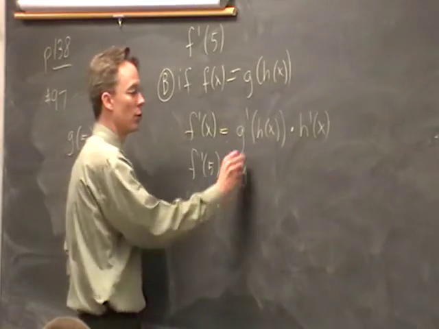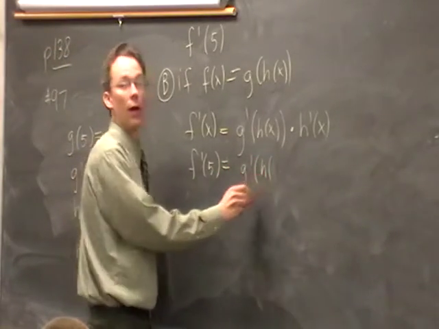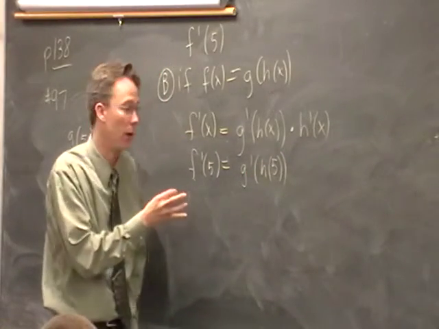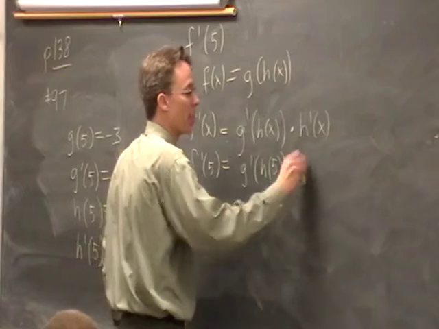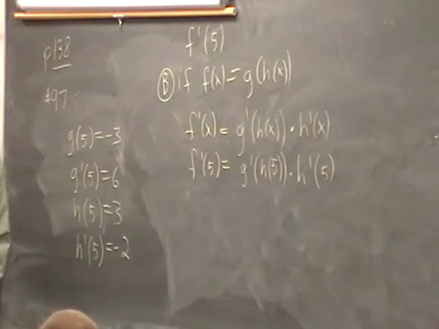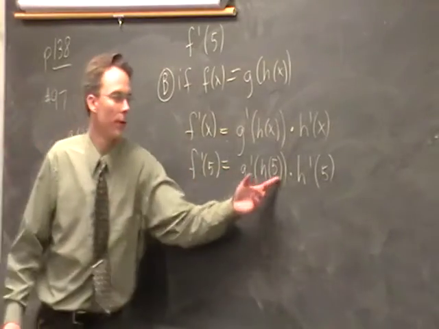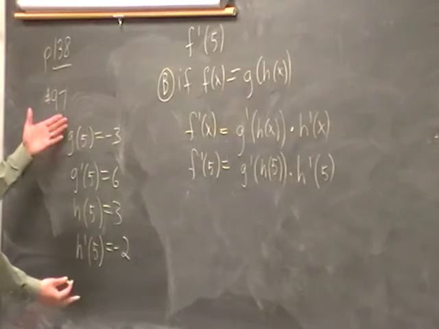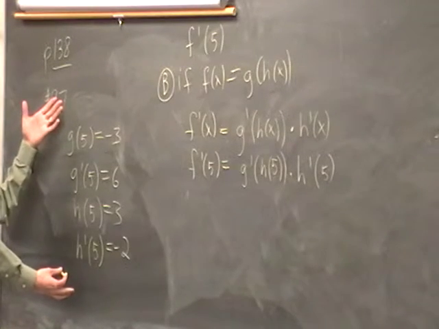Once you've got that, it's easy to get f prime of 5. It's just going to be g prime of h of 5, instead of h of x, times h prime of 5. I'm like, wait a minute, they didn't give us functions where I can find all this stuff out. Well, they took the easy way. What are the odds?